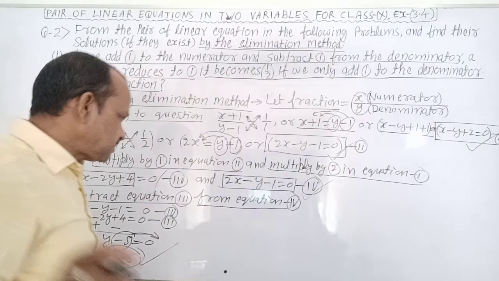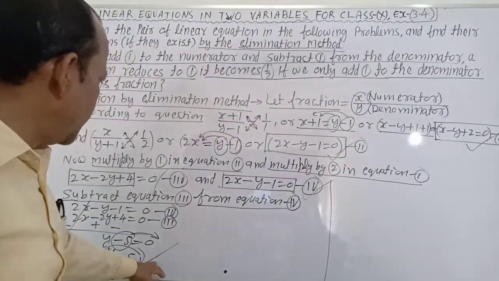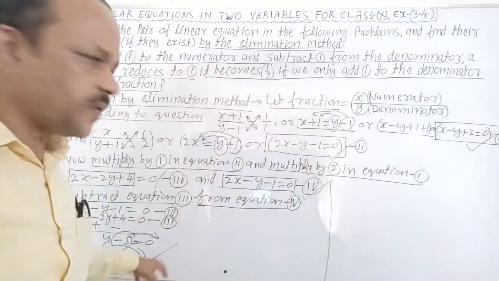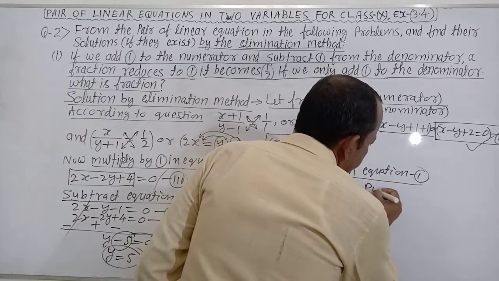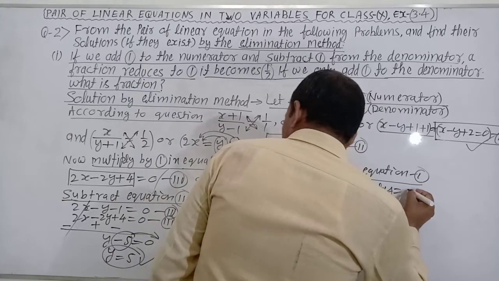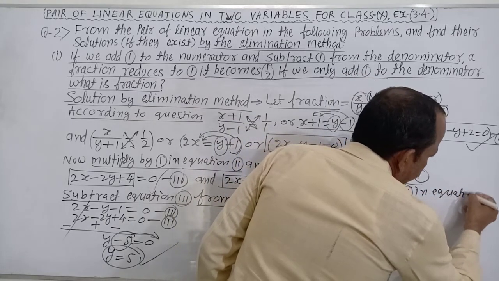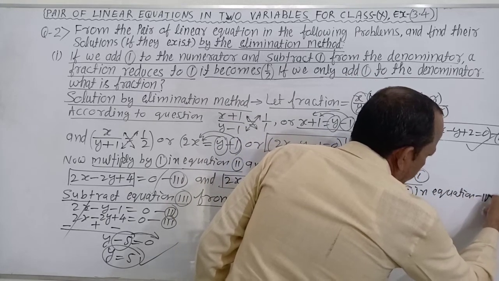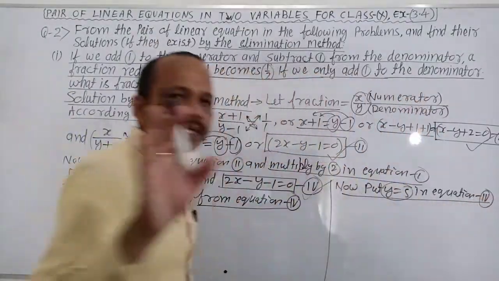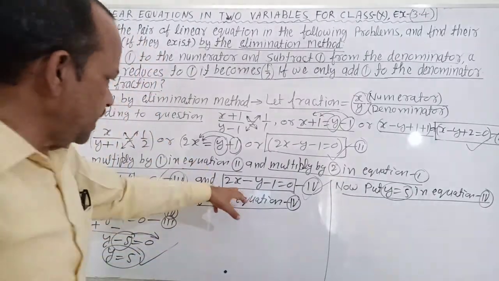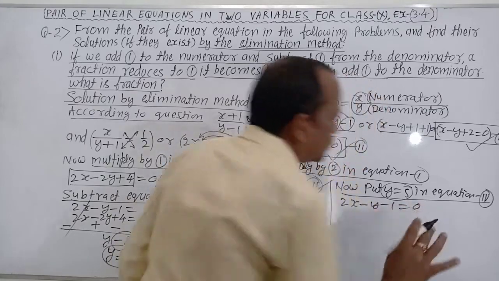Very good. Now you put the value of y equal to 5 in equation 4. Equation 4 is 2x minus y minus 1 equal to 0.